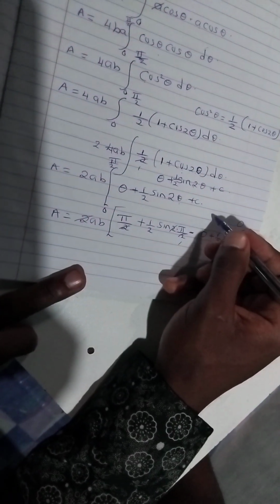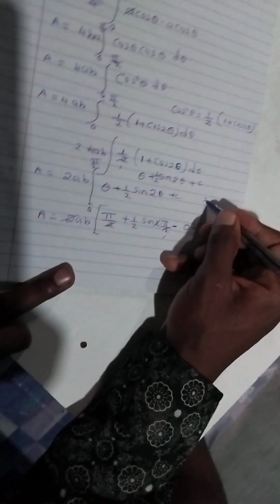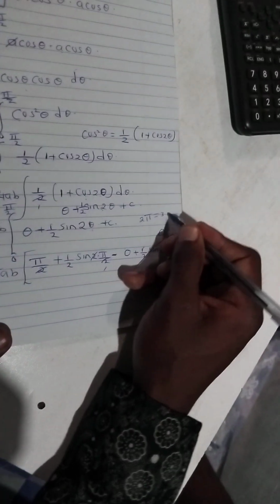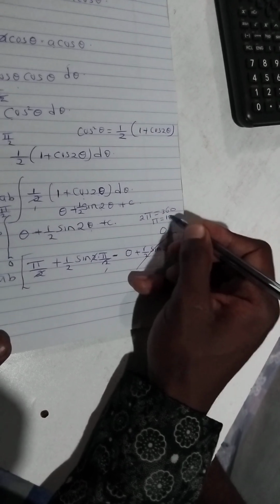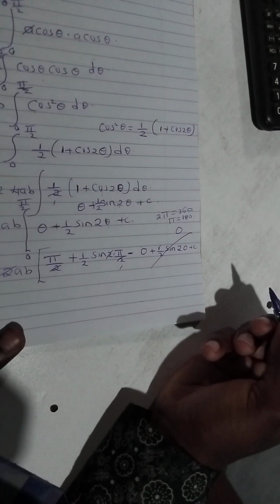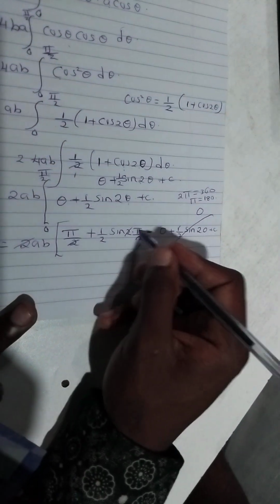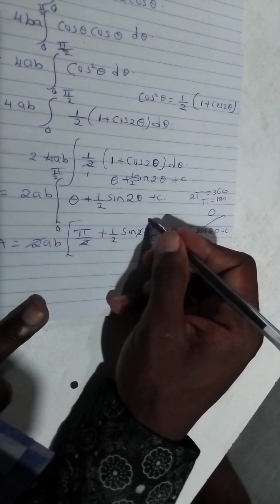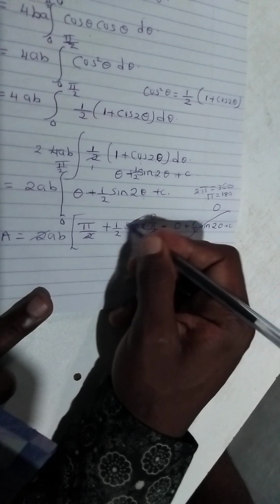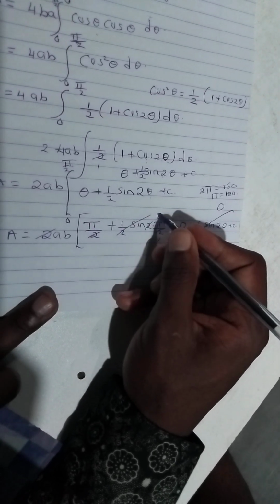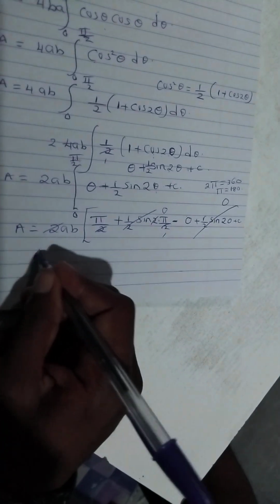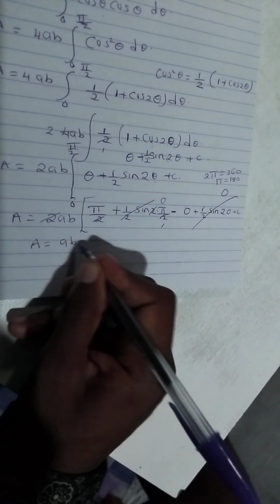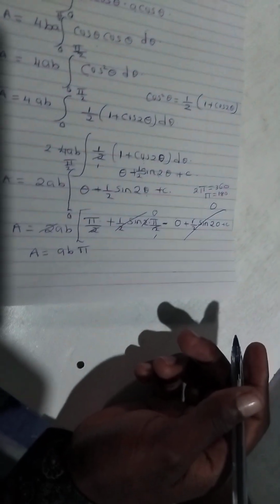Remember, as I told you earlier, 2 pi is equivalent to 360, meaning pi is equivalent to 180. Now here, sine of 180 is 0. A half of 0 is 0, meaning this one will cancel and remain with 0. So pi plus 0 is pi. So our area will be equivalent to ab multiplied by this pi, the only part that is remaining.